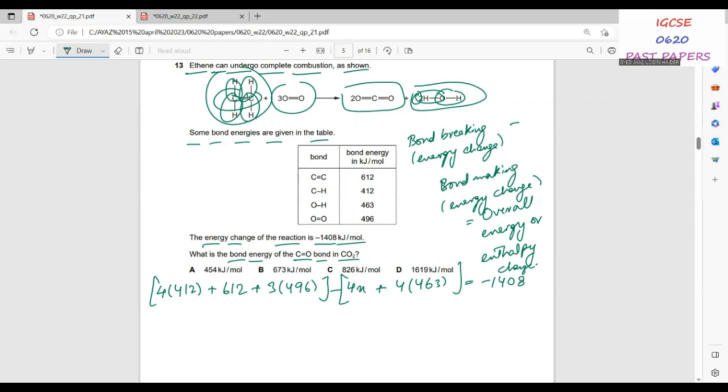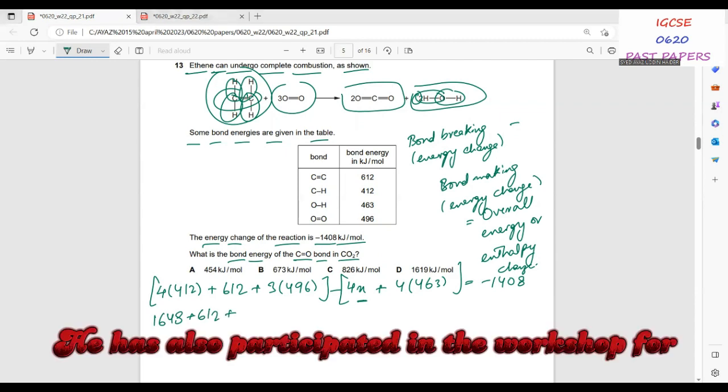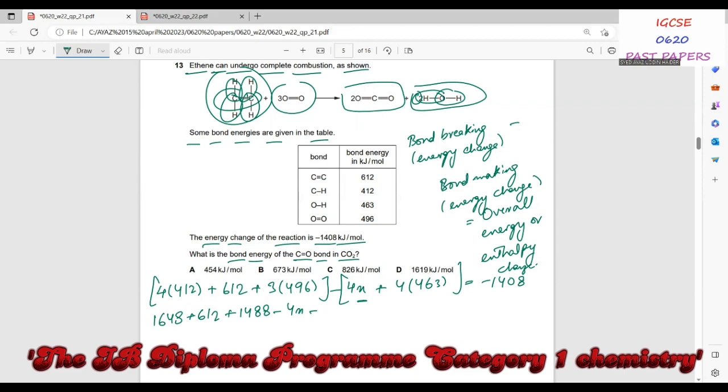Now let's find the value of X here. 4 multiplied by 412 we'll get 1648, plus 612, plus 3 multiplied by 496, 1488, minus 4x, minus 4 multiplied by 463, 1852, is equal to minus 1408.